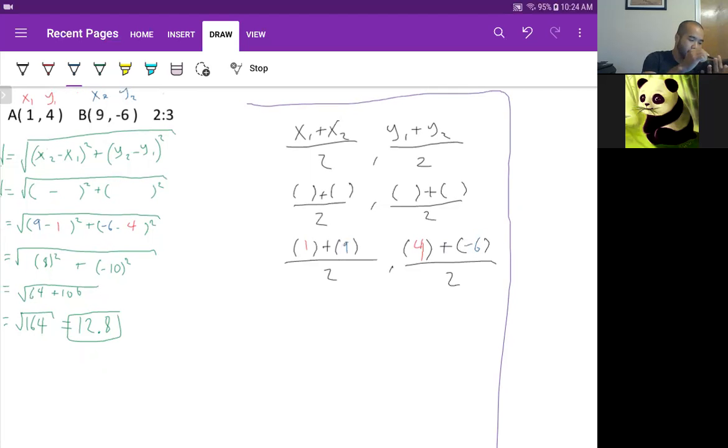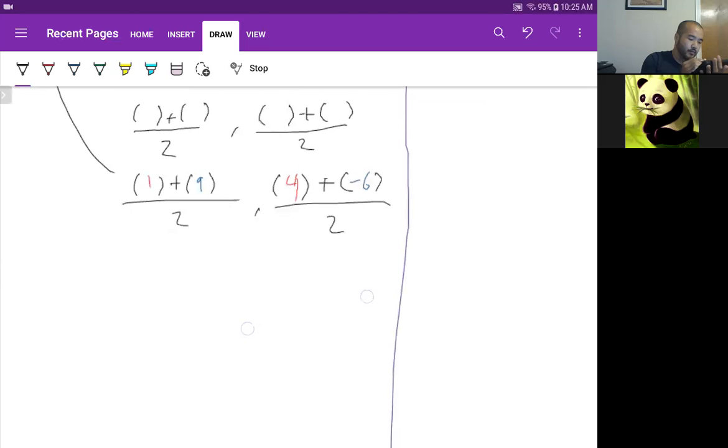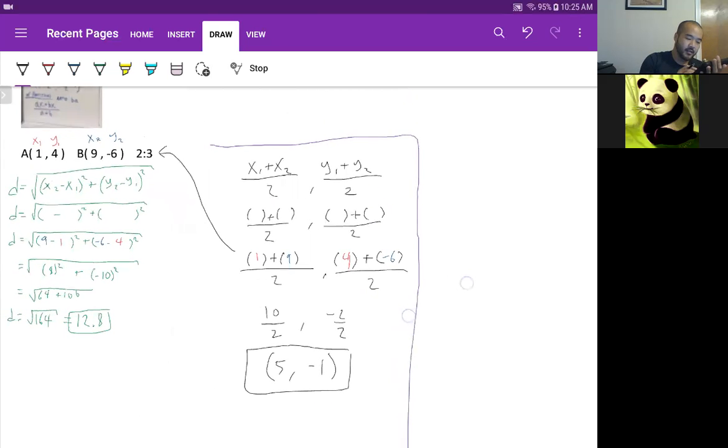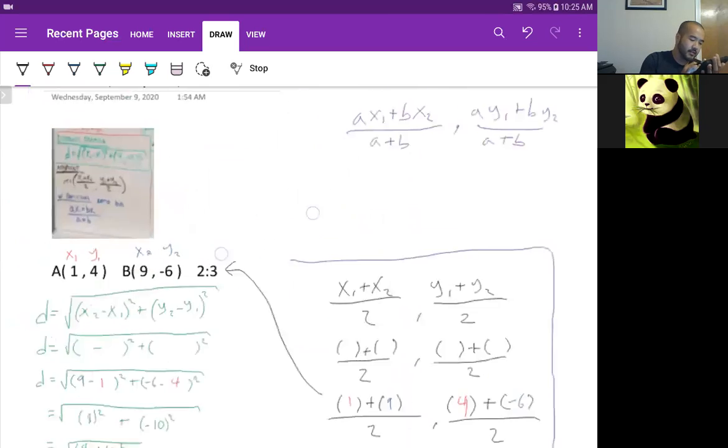So I'm just using the same numbers from up here. All right, 1 plus 9 is 10. 4 and -6 is -2. So 10 over 2 is 5. -2 over 2 is -1. That's the answer to this one. So that is the midpoint formula, which is right there in black.